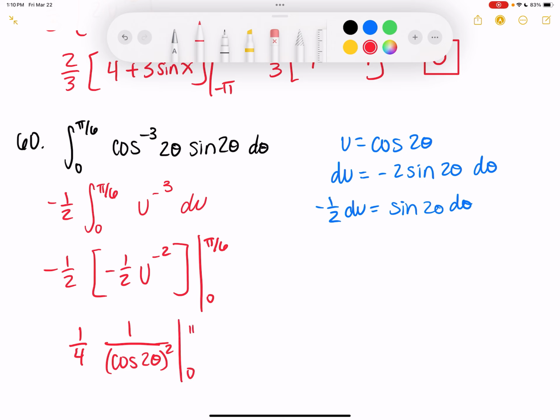Evaluated from 0 to pi over 6. So I'm going to have the 1/4 out front. When I plug in pi over 6 for theta, I'm going to end up with 1 over the cosine of 2 times pi over 6, and then that whole thing squared. So 2 times pi over 6 would be pi over 3. So what is the cosine of pi over 3?